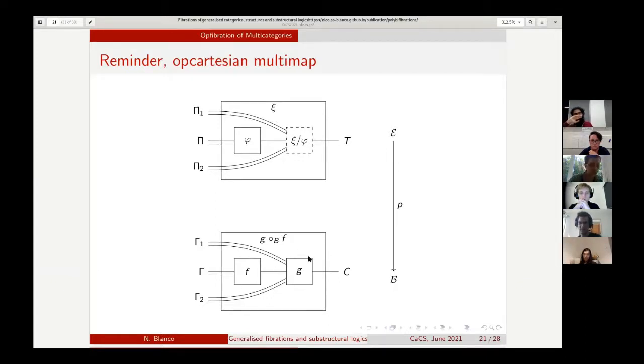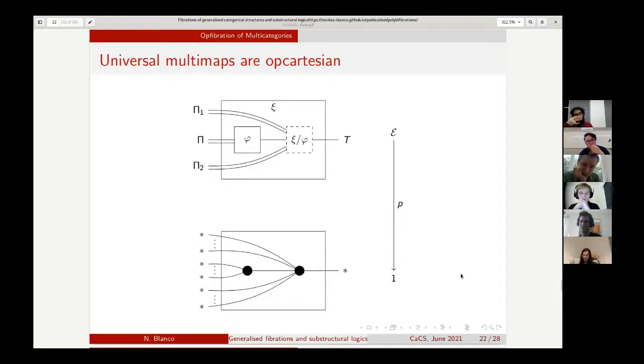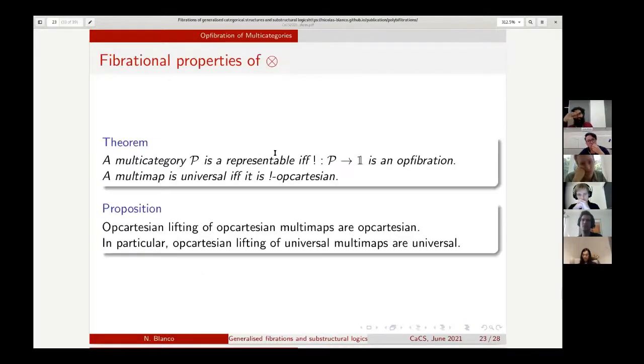But if we take the base to have no information at all, if you take the base to be the terminal multicategory, then the factorization property will hold automatically. Everything will factorize every time, and so this will say that this is a universal multimap, because this factorization property should always hold in any case. And so this gives this theorem that a multicategory has all tensors, or is representable, if and only if it's bifibered over the terminal one.